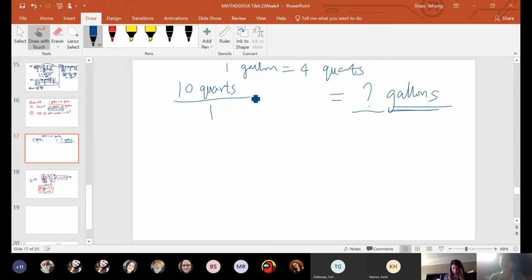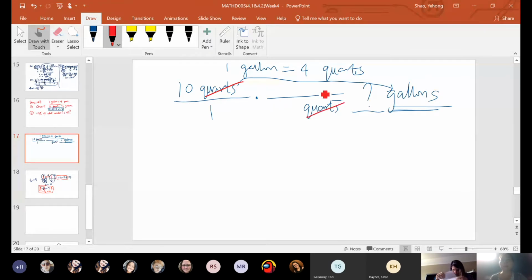In order to convert quarts to gallons, that means you have to cross out the quarts. That's why we're using the property of fractions. When you multiply fractions, if you have the same thing on the top and the bottom, you can cross them out. If we have quarts on the bottom, that can cancel the quarts on the top.